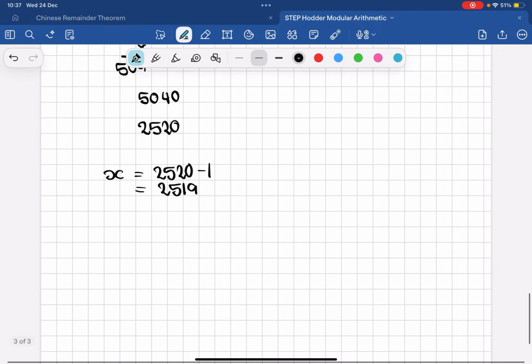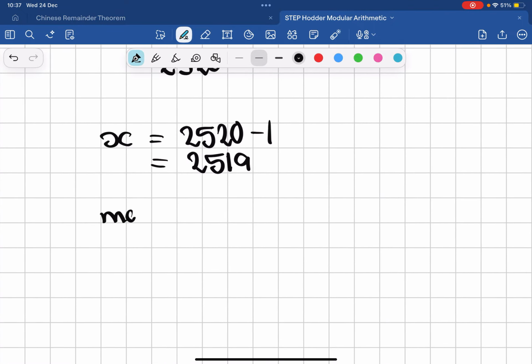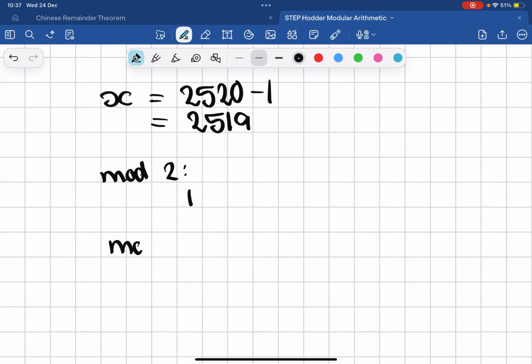So if we have mod 2, we do get 1, because it's 1 larger than even. Mod 3, well, if we do 2519 divided by 3, we've got 839 remainder 2, so this checks out as well.